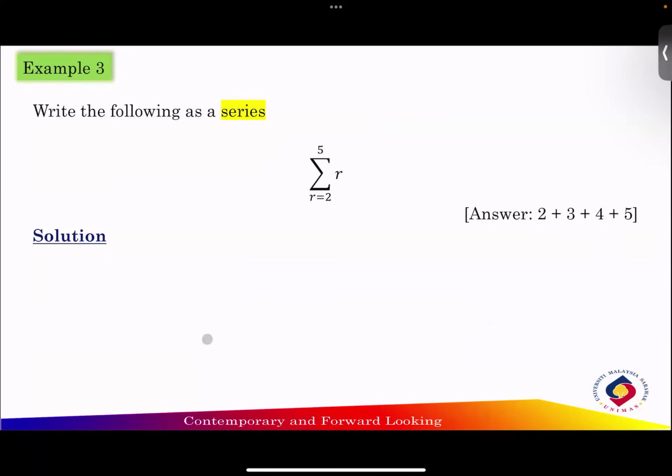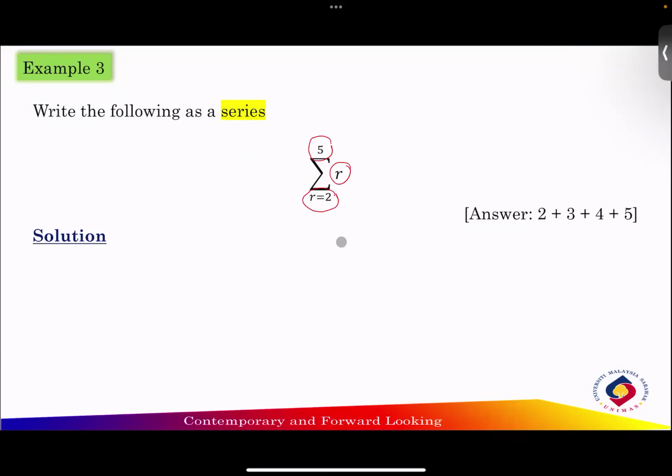So now, write the following as a series. Do you still remember minutes ago we studied the meaning of series? Series means you have to sum all of the numbers. Example, what is this? What is the number that represents here, and what numbers represent here and here?